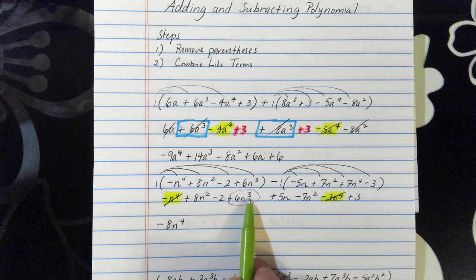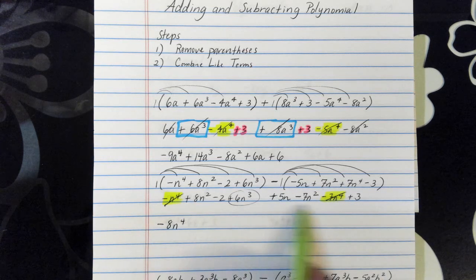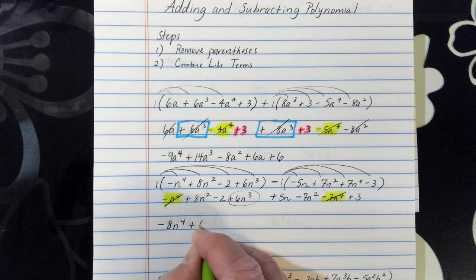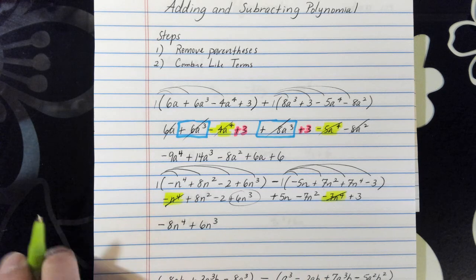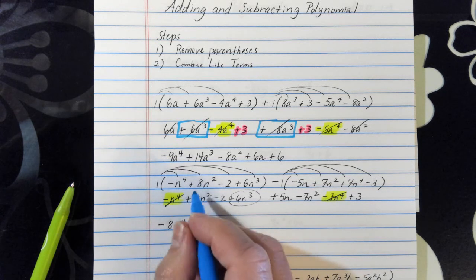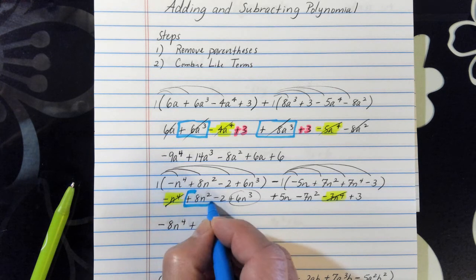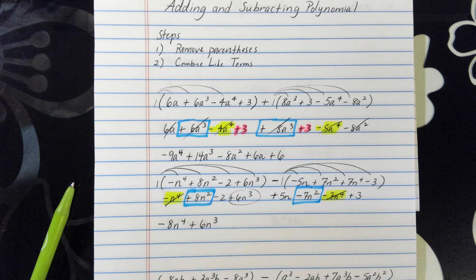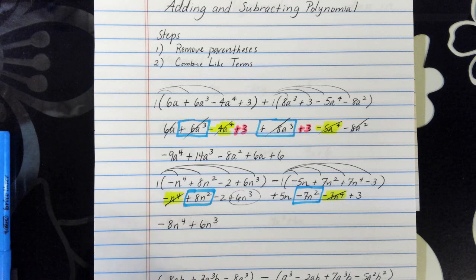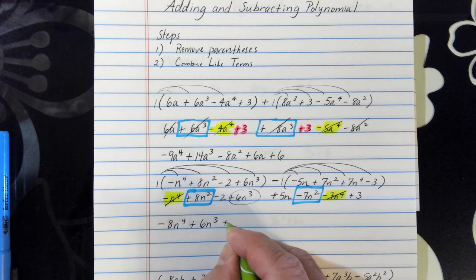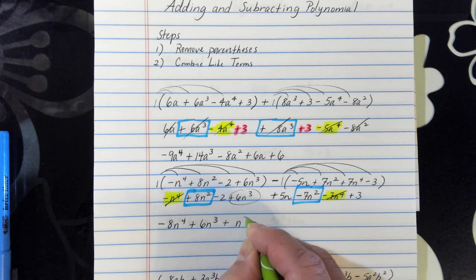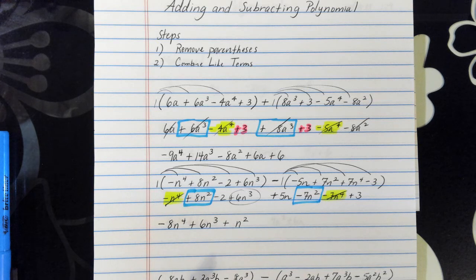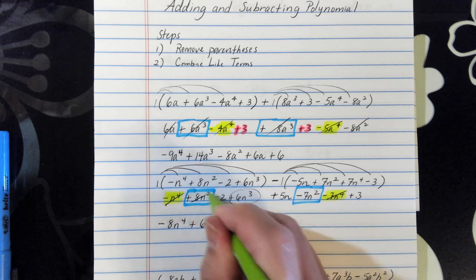The next highest exponent is cubed. There are no more cubes anywhere, so nothing to combine. We have a positive 8n squared and a negative 7n squared. When you combine those, you get positive 1n squared. And cross those off.